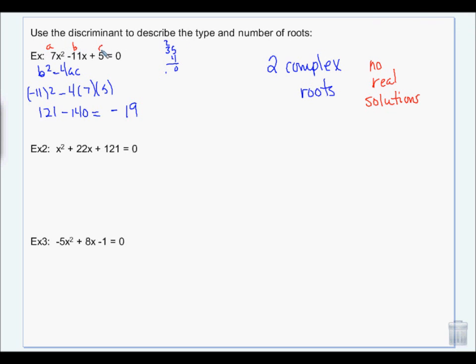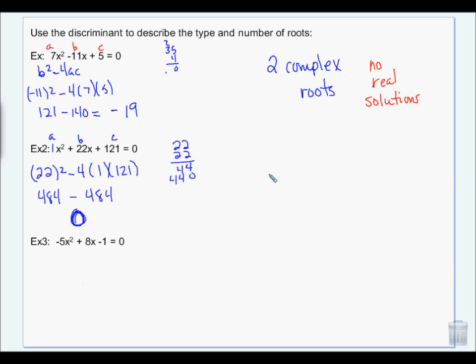A, B, and C still. So here, there's no A, so A is 1, B is 22, and C is 121. So I do B squared minus 4 times A times C. So that's 484 minus 484, so that's 0.